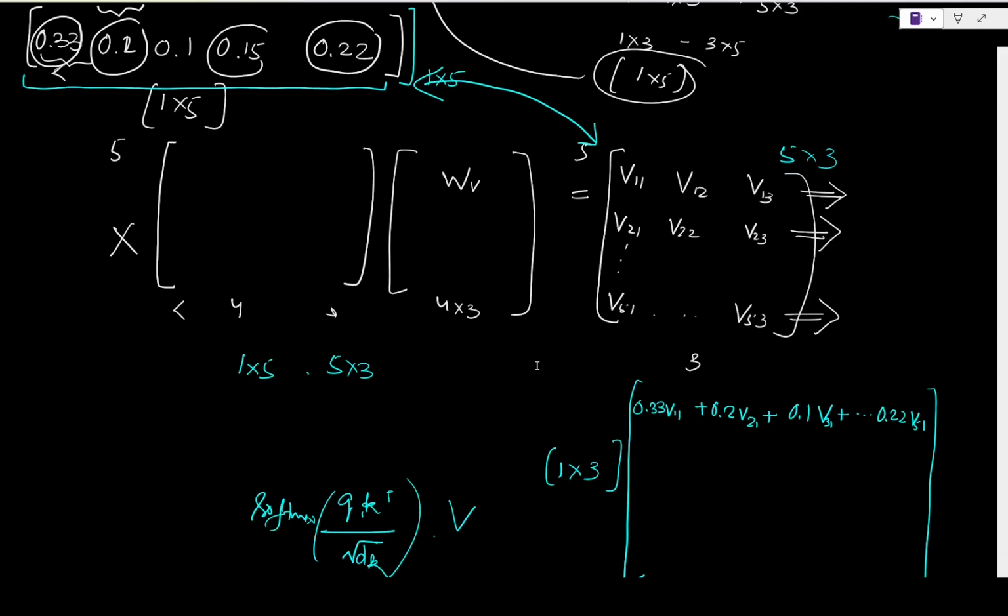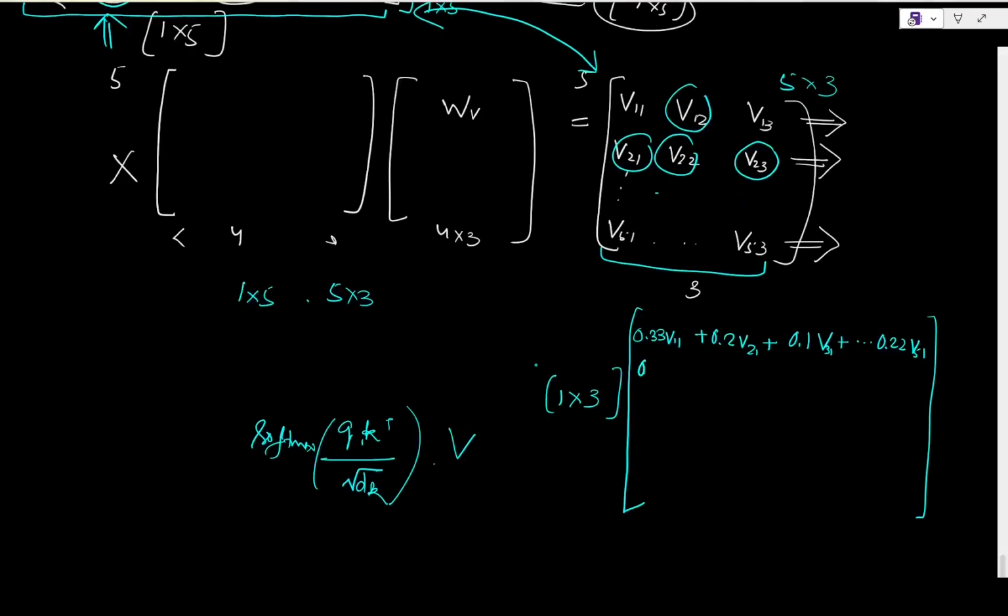Similarly, so on and so forth, everything will look like this. This first weight, 0.33, will always be multiplied with the first word. The first word is getting the highest weight. Similarly, this 0.2 will always be multiplied with the elements of the second row, or in other words, the second key that was being compared has got this much weight, which is being assigned here. Similarly, 0.1 is for the third, and so on and so forth till 0.22 is for the last word.